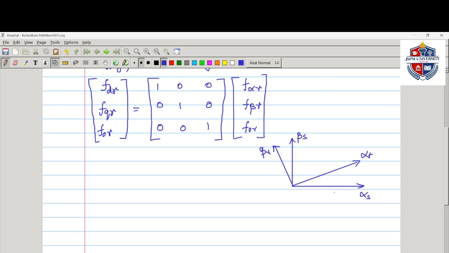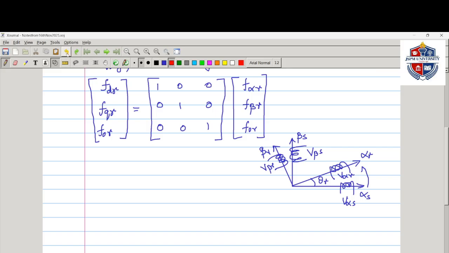Here we have the stator winding voltage V alpha S and stator winding voltage V beta S. Similarly, the rotor winding voltage is V alpha R and the rotor winding voltage is V beta R. The angle between the rotor and stator is theta R. As I said already, we are moving the stator variables to the rotor.